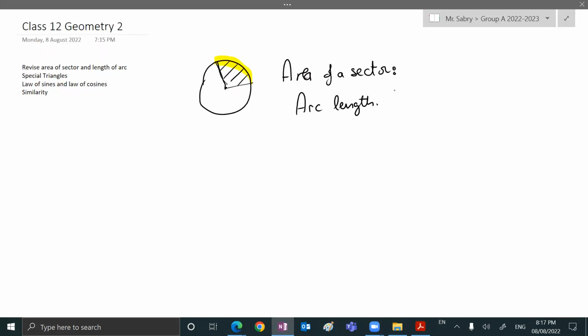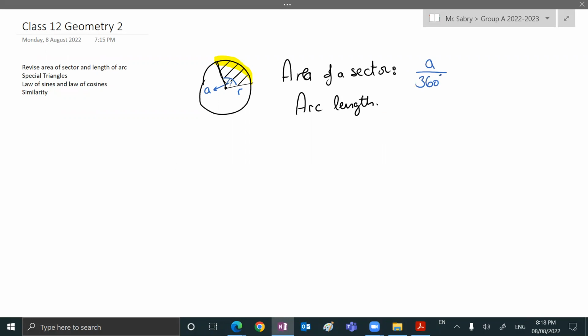So what's that method? You need to use this angle, let's call it A, and this radius. If you have the angle and the radius, you'll get everything you need, whether it's the area or the arc length. How? By putting the angle over 360, which is the whole degree measure of a full circle.